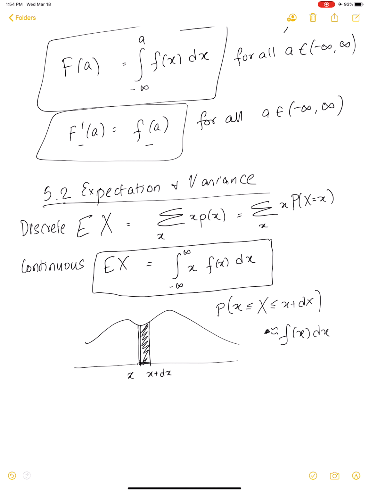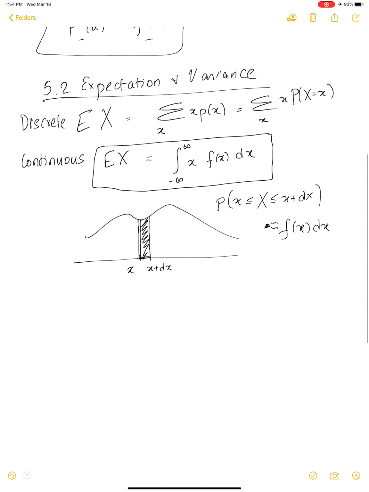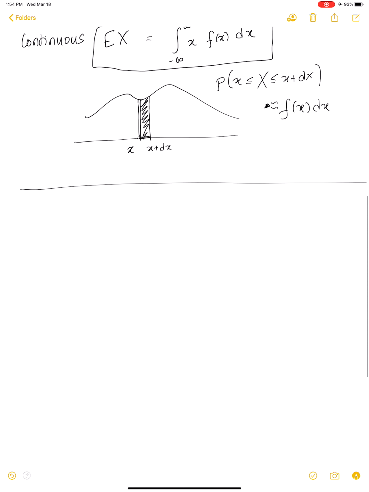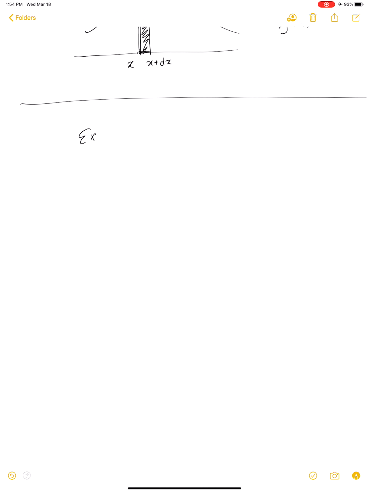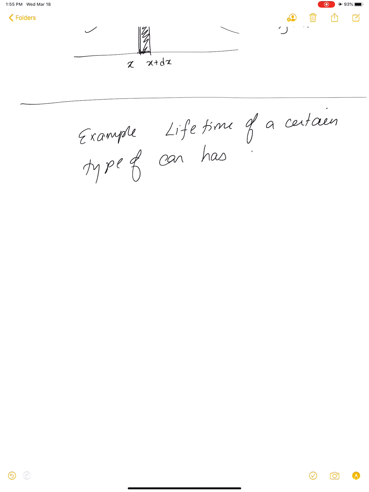Okay, so for the first example, why don't we look at that same lifetime of a car that we saw as our example from 5.1 last time. Okay, so let's take a look. The lifetime of a certain type of car has probability density function.